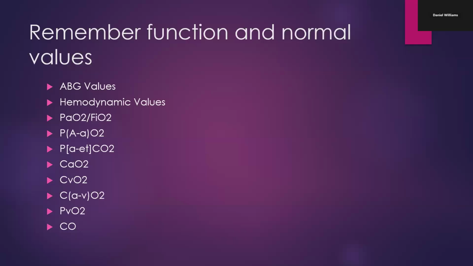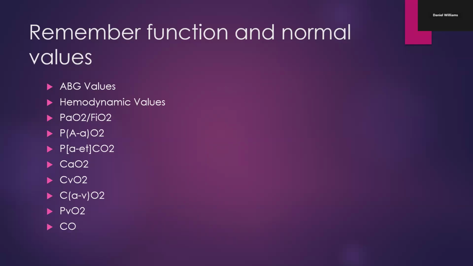Important to know your ABG values, your hemodynamic values, whether it's your CVP, your RAP, your pulmonary capillary wedge pressure, normal cardiac output values, things of the like. Those are going to be important for you to go back and review and make sure that you've got a good, consistent understanding of those so that you can apply them to a PEEP study or PEEP titration study if you're presented with one on your upcoming exams.